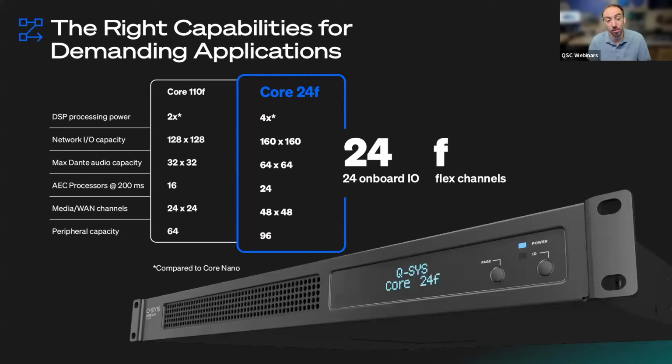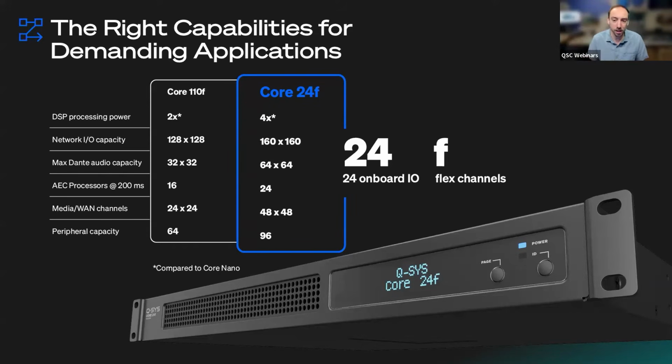So these are QLAN channels or AES67 network channels. We also updated the Dante specs, so now it can handle 64 by 64 channels of Dante, 24 AEC processors, and we also upgraded the horsepower, so now it can handle even more peripherals than the Core 110 could handle.